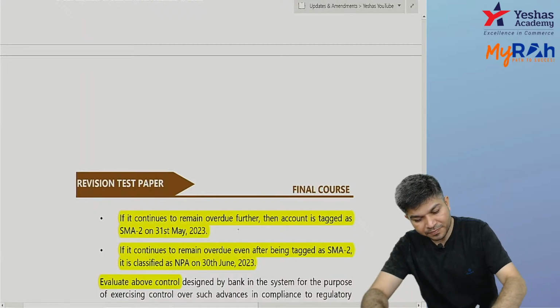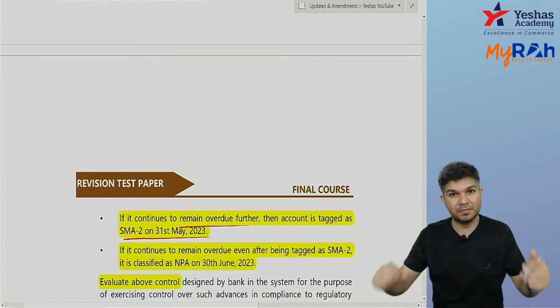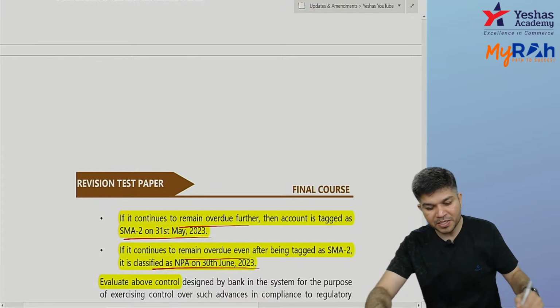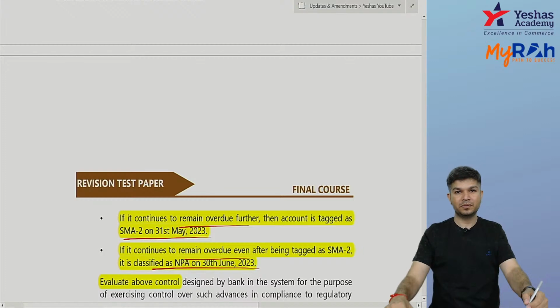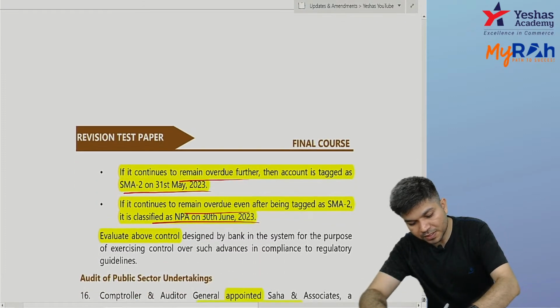Then if it remains overdue, it is tagged as SMA 2 on 31st May, 30 more days from 1st May. And then if it still remains overdue, it's classified as NPA on 30th June. This is what is given.